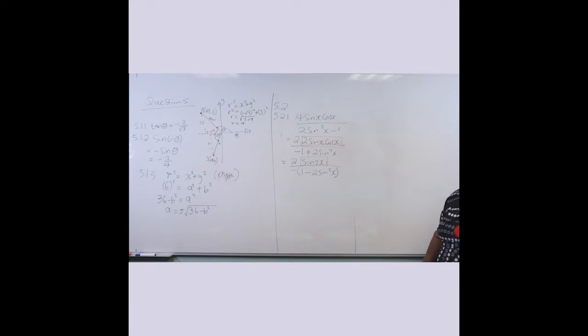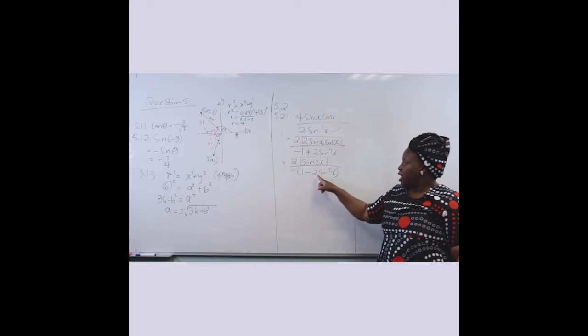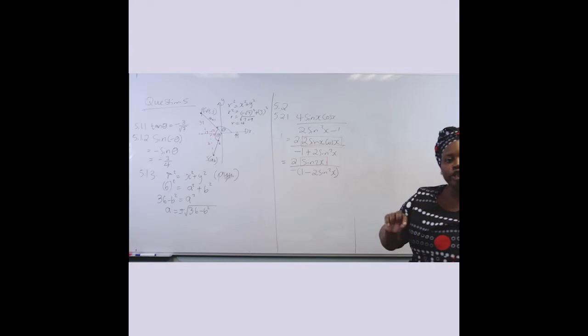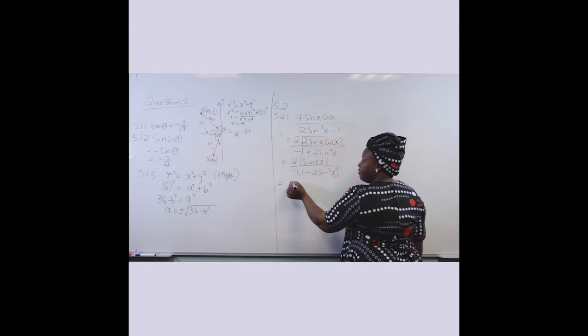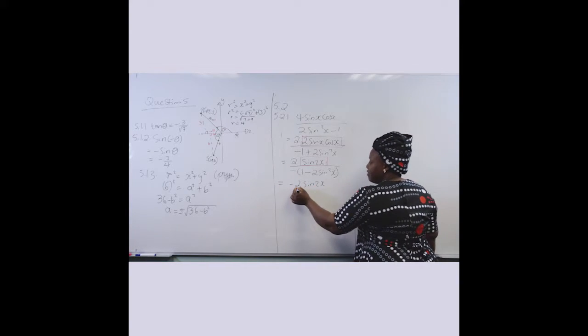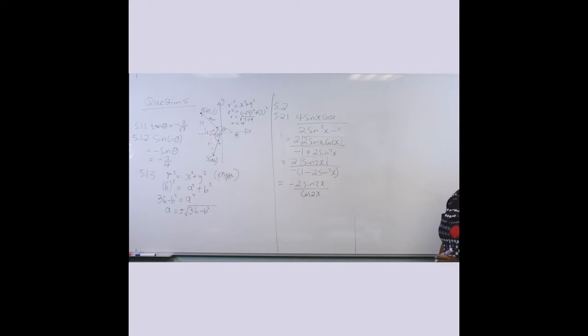Folks, I'm doing this so that it will accommodate what is on my formula sheet, because 1 minus 2 sine squared x is the same as cos 2x. So it means I can change this now to cos 2x. I'll have a negative 2 sine 2x divided by cos 2x. Can you see I'm leading to what I want?